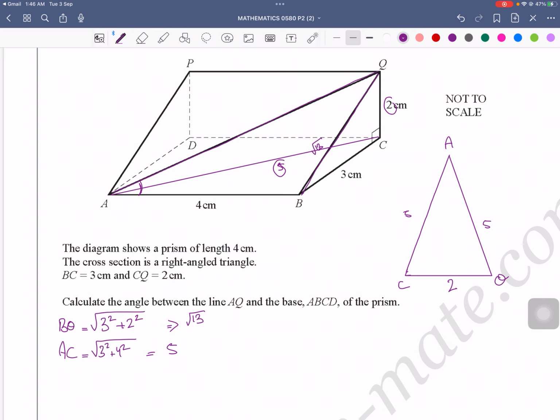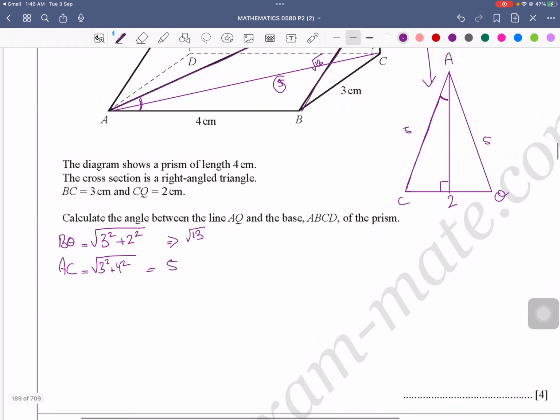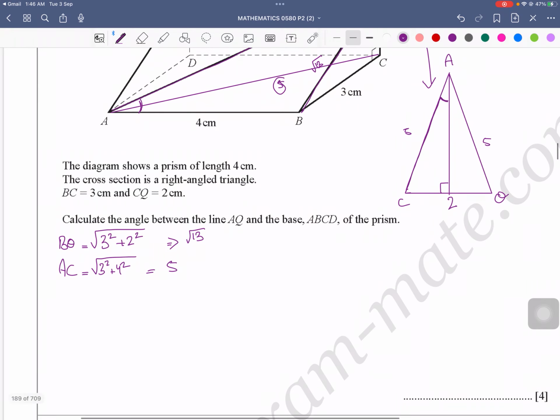So I just turned this figure into a vertical figure for me, right? So I need to find this angle, right? And that's easy, right? All I have to do is find this angle, and the job will be done.